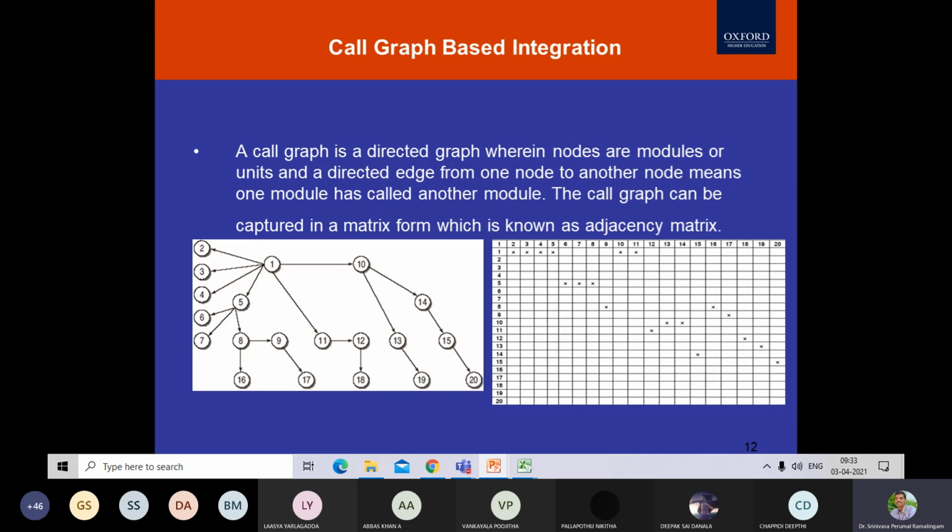So in this call graph, first we need to know which is going to call which one? 7 is going to call 5 or 1? 7 will be called by 5 or 1 as per this graph. 5. Yes, 7 will be called by 5. That 5 will be called by 1. If I execute module 1, will 7 execute or not?